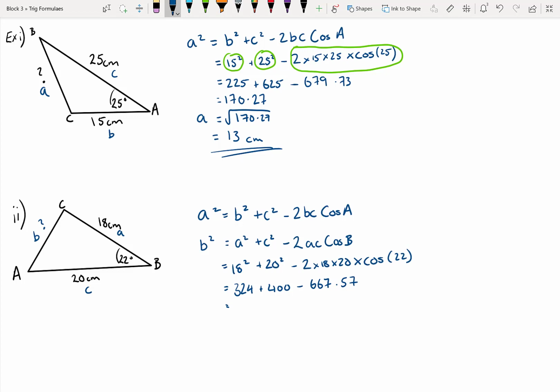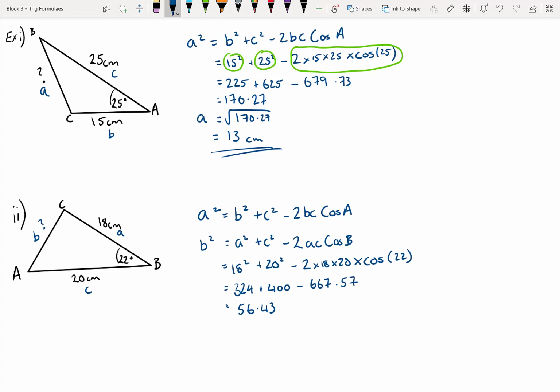Next thing we do, we're going to sort that out, tidy it up. So 324 plus 400, take away 667.57 is 56.43. Okay, again, that's not the answer I want.